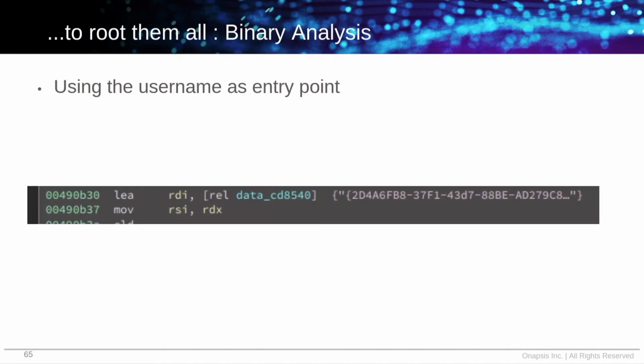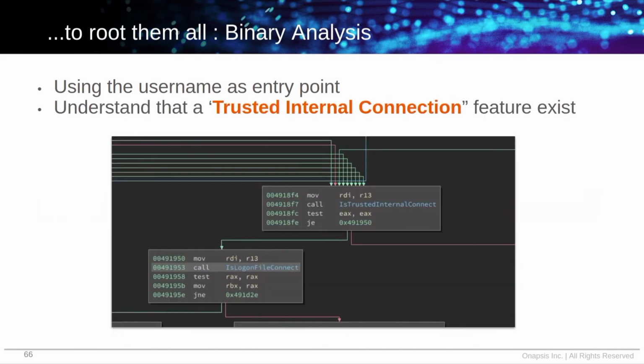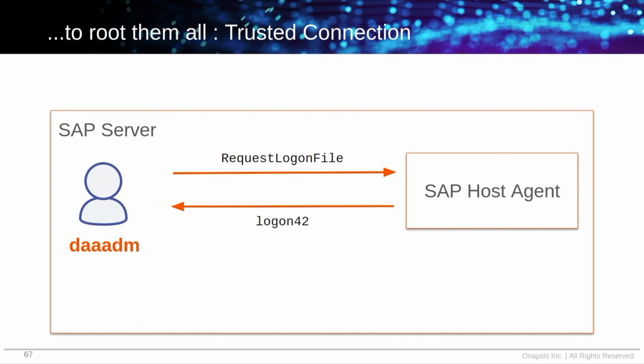So what we did is we decided to analyze the SAP host agent kernel, and we started with, as an entry point, the hard-coded username, and very quickly we understood that there is a feature named trusted internal connection. So what did we understand about this feature? For whole users listed in the service admin user, for example, the ADM, they can call for a logon file, request a logon file from the SAP host agent.